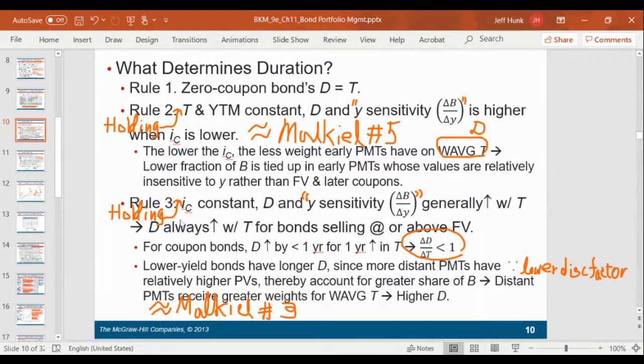Now, rule number 3: holding coupon rate constant, duration and interest rate sensitivity of price generally increases with time. Of course, with maturity. The longer the maturity, the longer the duration, and price sensitivity also increases.